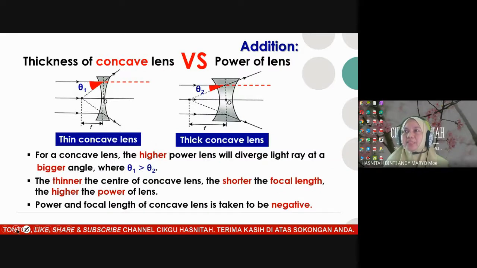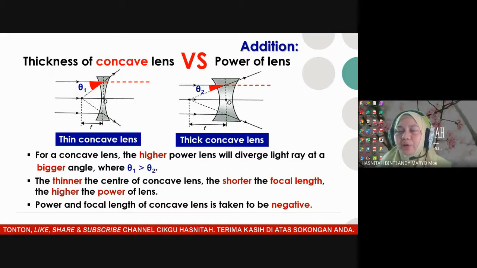This is for concave lens. Again, we have a thin concave lens on the left and a thicker concave lens on the right. For concave lens, it is the opposite. You will find that the angle of refraction for a concave lens is greater for the thinner one, theta 1 is greater than theta 2.